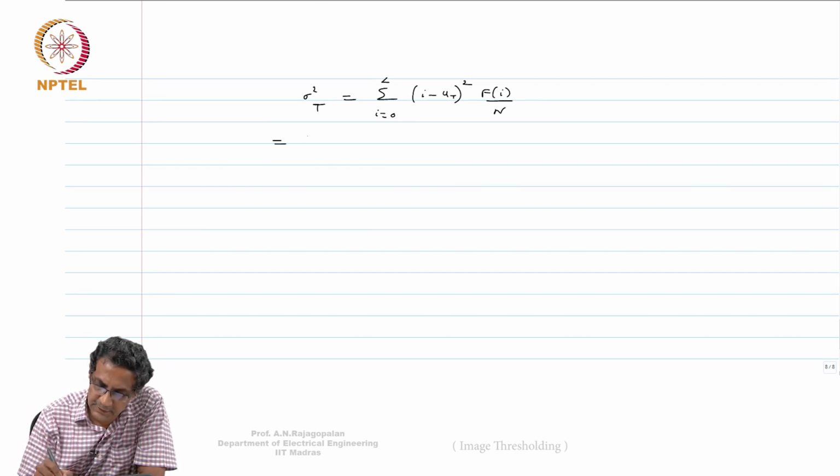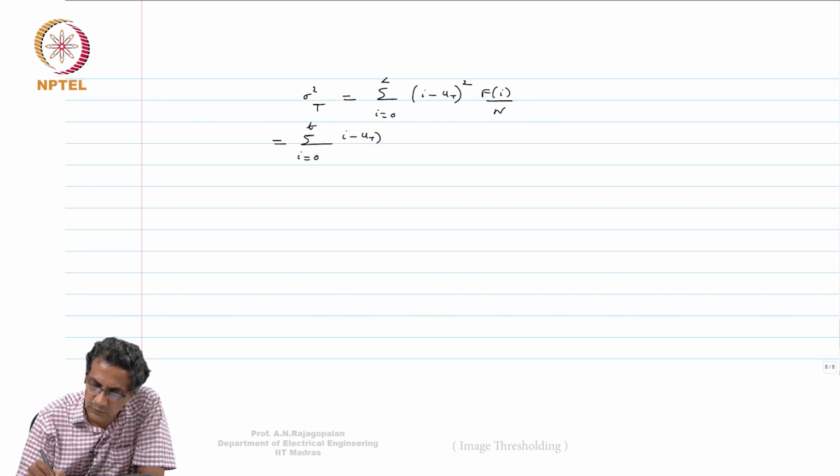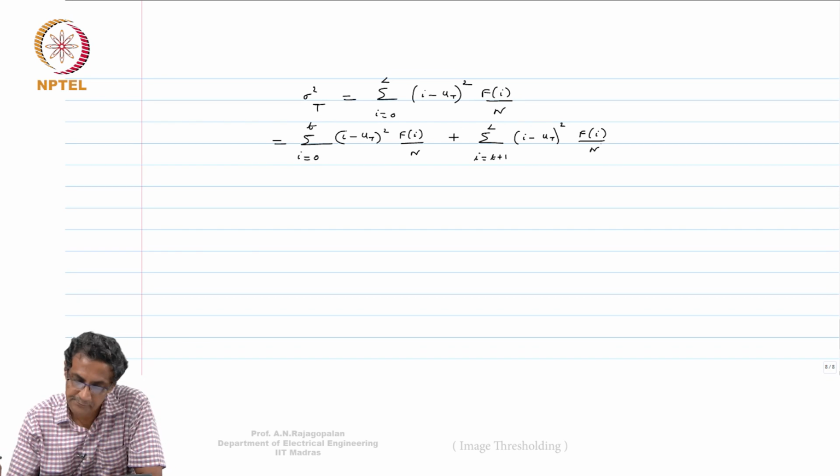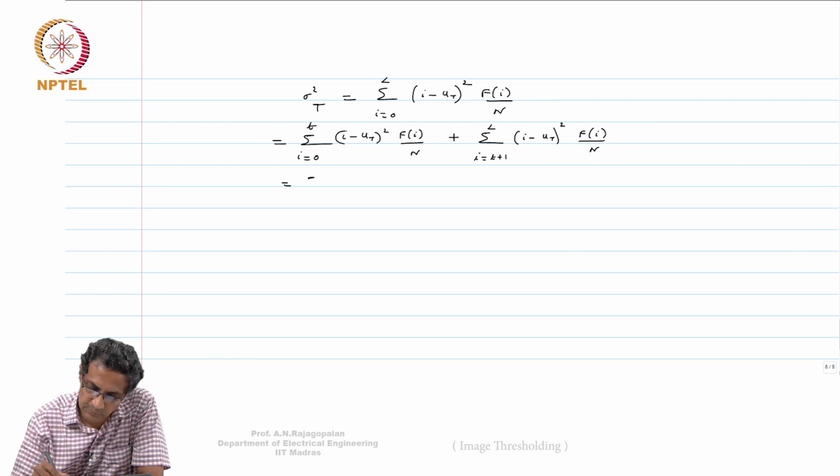Now let us split this into two terms: summation i equal to 0 to t of i minus mu t the whole square times f of i by n, plus summation i equal to t plus 1 to L of i minus mu t the whole square times f of i by n.